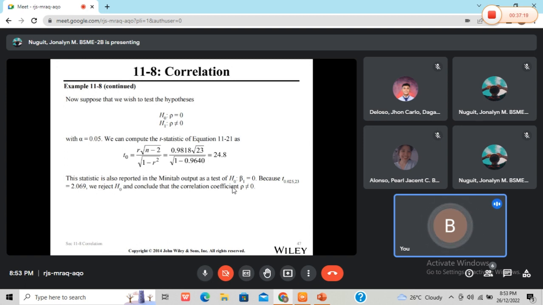Our t-value t 0.025,23 is equal to 2.069. So now we reject the null hypothesis and conclude that the correlation coefficient is significantly different from 0.